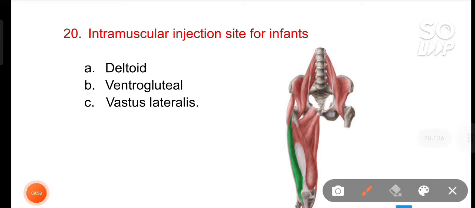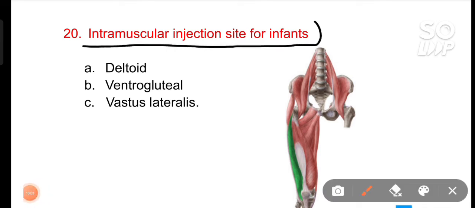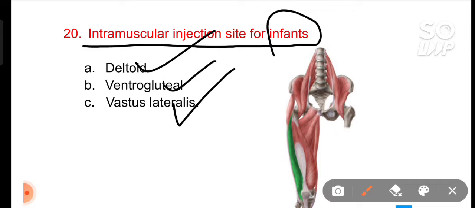The next question is, intramuscular injection site for infants. So in the case of infants, which is the best site for giving intramuscular injection? The options are deltoid, option B ventrogluteal, option C vastus lateralis.